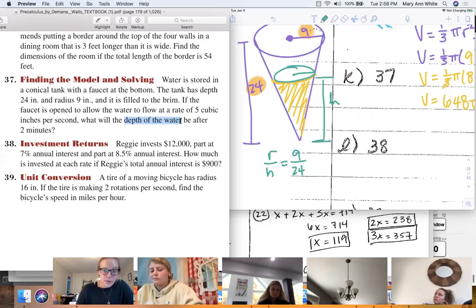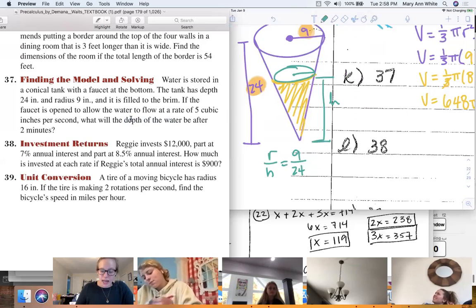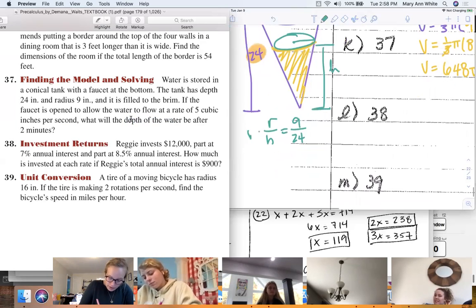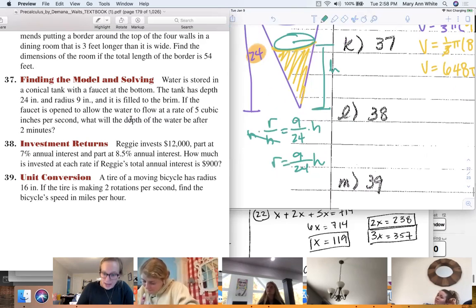Now, I don't know what either of those are, but I know that I want to know what the depth of the water is. So I want my final answer to be in height. So if I can isolate R, then I'll have an expression in terms of height that I can solve for. If I multiply by H on both sides, I get R equals 9 over 24 H.